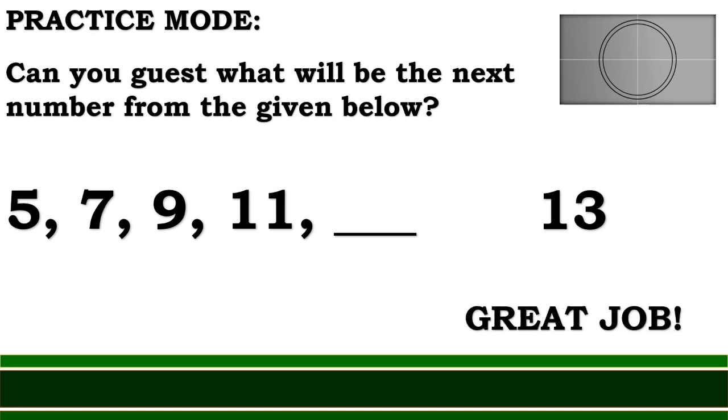Great job! As you can see, the pattern here is increase by 2, or every number increased by 2. So we have 5 added by 2 will become 7, added by 2 will become 9, added by 2 become 11, and added by 2 will become 13.